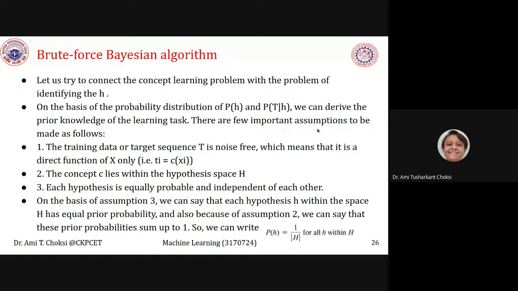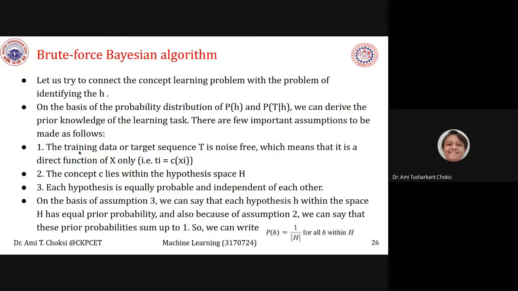There are a few important assumptions to be made. How? Let's see that. The first assumption says that the training data or target sequence T is noise free, which means that it is a direct function of x, that is, Ti is equal to C of xi, right? That we have already seen.